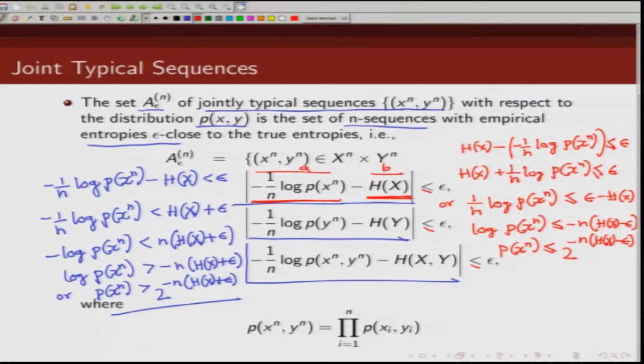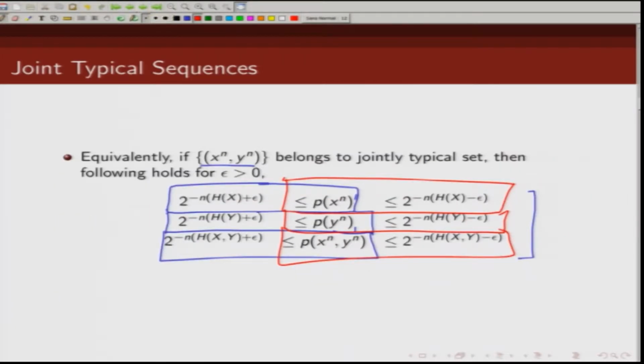So this condition can be written equivalently like this. Okay, so we just now showed that P of x^n is less than or equal to this. Similarly, we can show that P of y^n is less than or equal to this, and the joint probability of x and y is less than or equal to this.